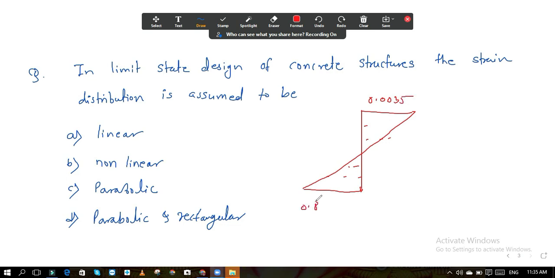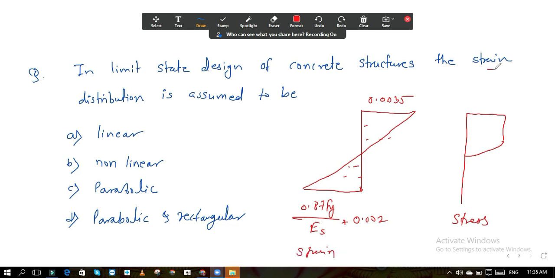Here it is 0.87 Fy upon Es plus 0.002. This is the strain. Parabolic and rectangular is your stress distribution diagram. This diagram is rectangular and then it is parabolic. This is your stress distribution diagram. Okay, and this is your strain distribution diagram.